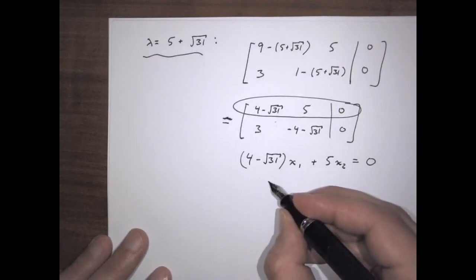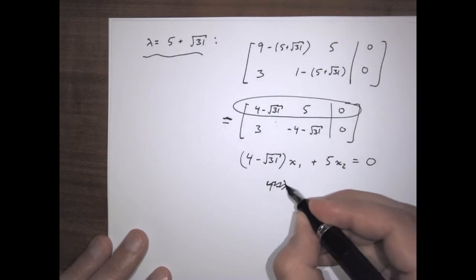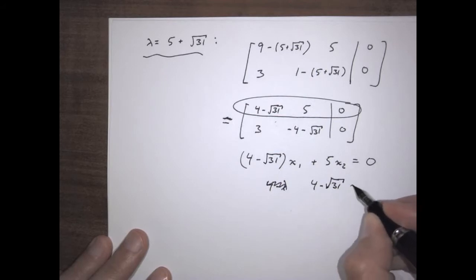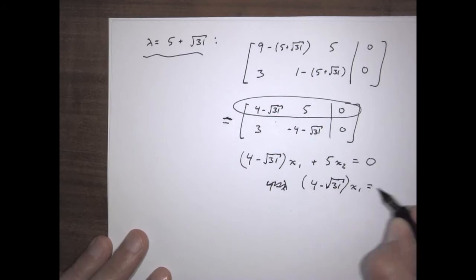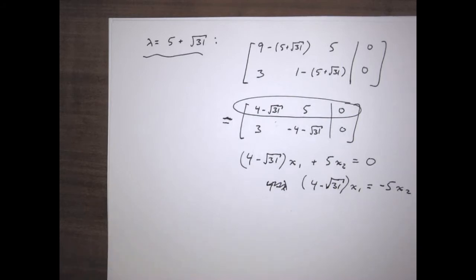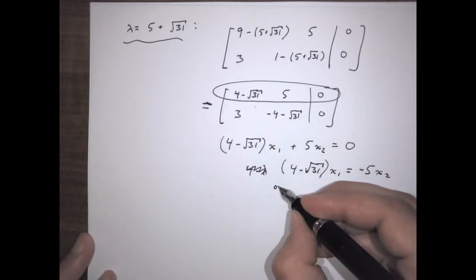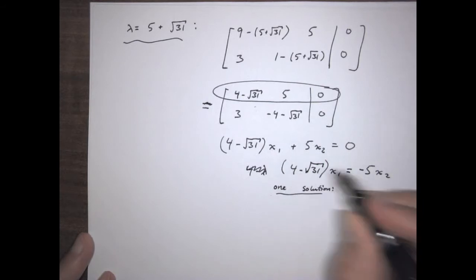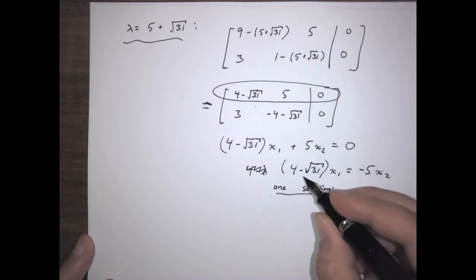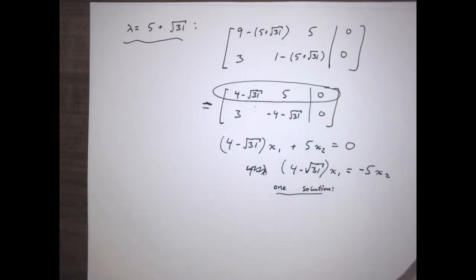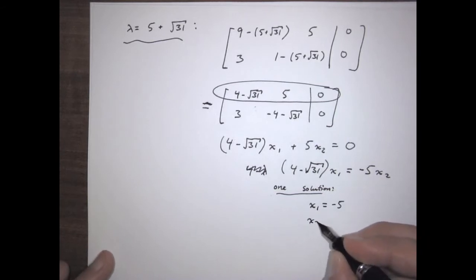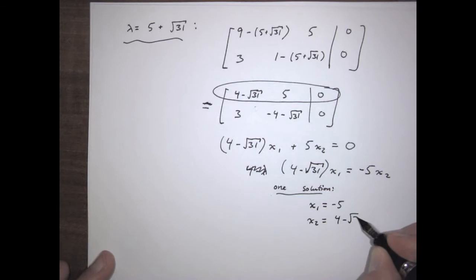Now, what that means is 4 minus root 31 x1 equals -5 x2. Now you just need any solution to this, so one solution you could get would be just basically swap the coefficients around. If this were equal to that, and if this were equal to that, then it would all work out. So x1 could equal -5, x2 could equal 4 minus root 31.